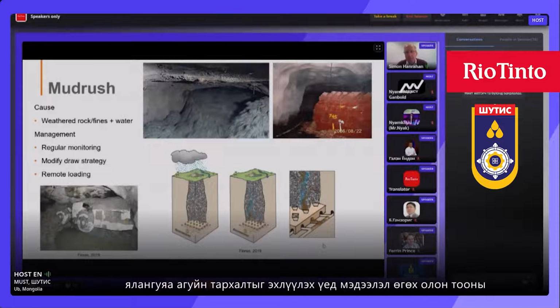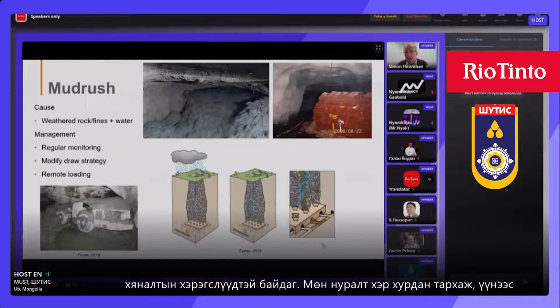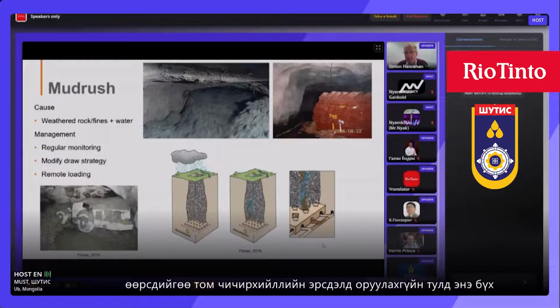And you can see that in the cartoons at the bottom. Effectively, you've got the caved rock mass, you've got some form of rainfall or flooding happening one way or another, water gets into that rock mass, and then that liquefied rock mass can potentially get into a draw point and run out, as the photos above illustrate.